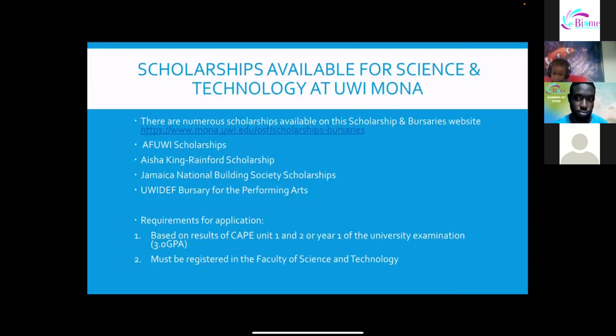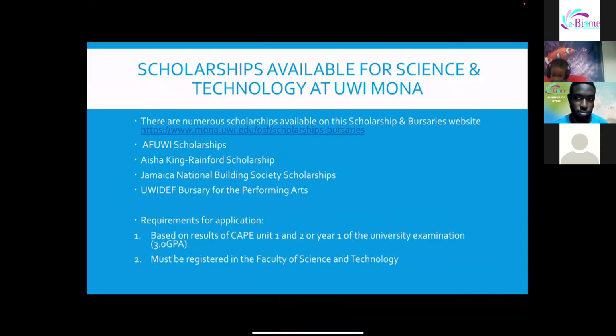These are some of the scholarships available for science and technology at the University of the West Indies, Mona. So you have the UWI scholarship, you have the Asha King Rainforest Scholarship, you have the Jamaica National Building Society Scholarship, and the list goes on.